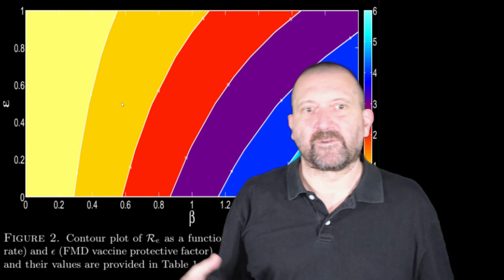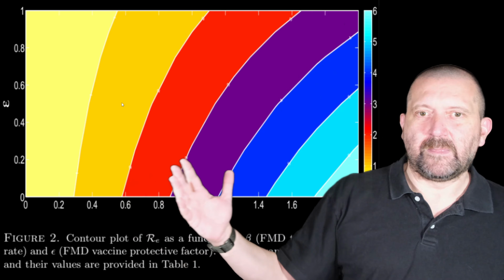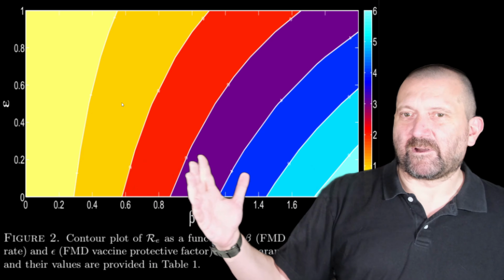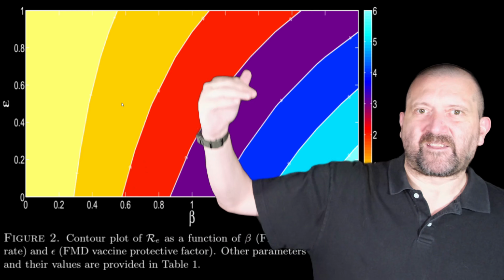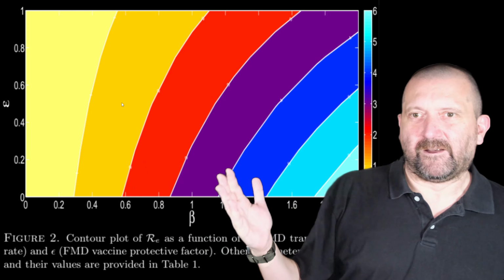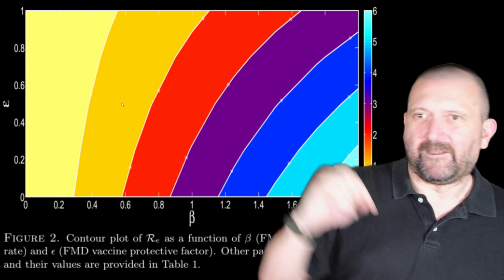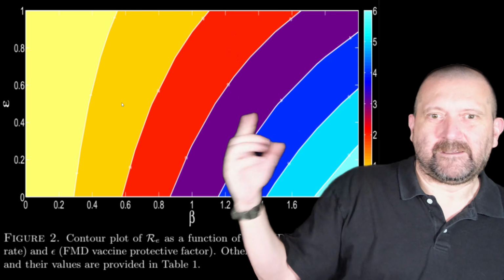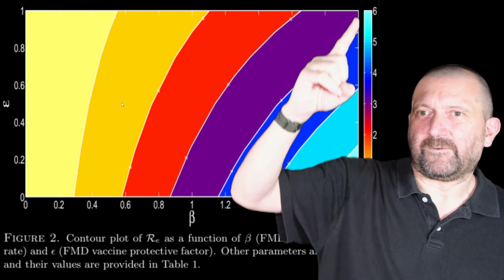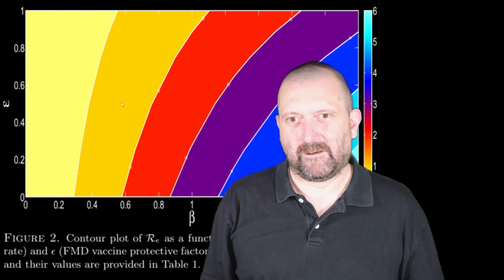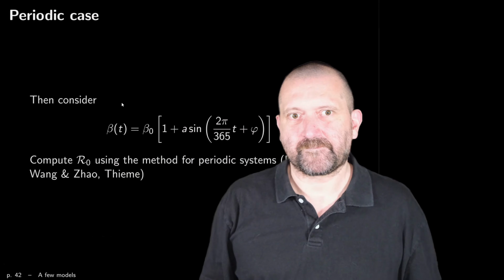So you can see that when the infectivity becomes stronger, the vaccine efficacy is not really able to fight against infection, and so you get higher values of the critical reproduction number.